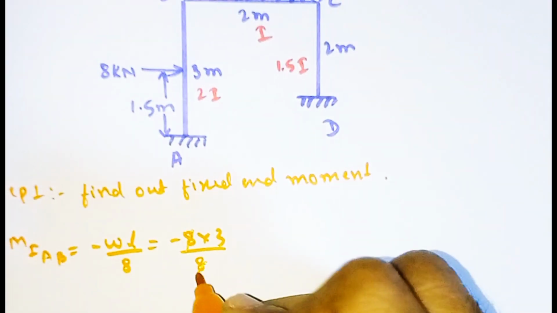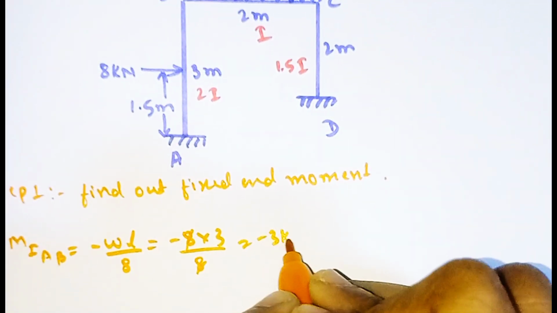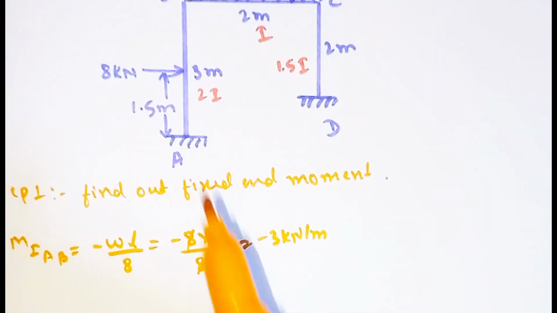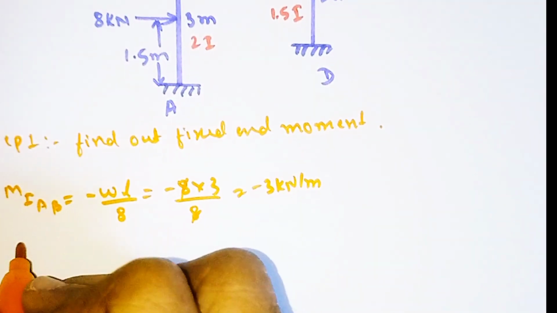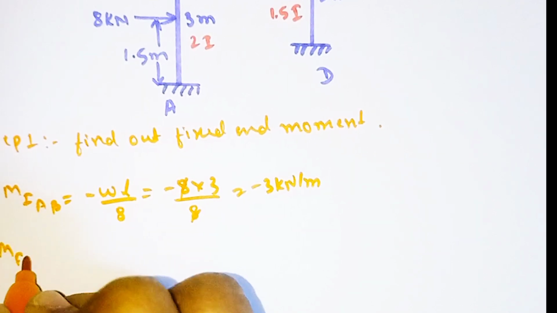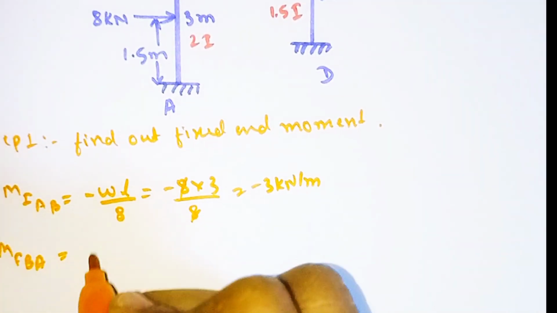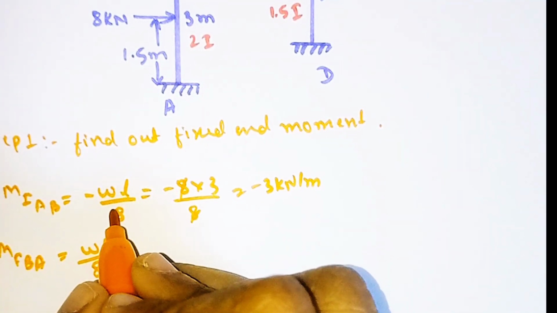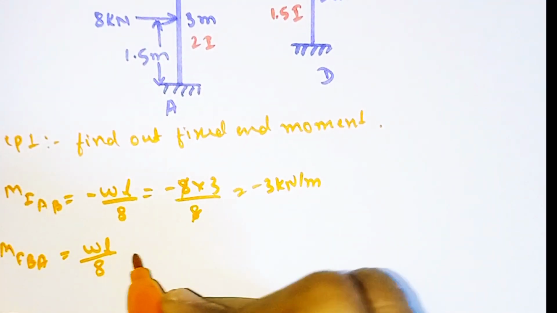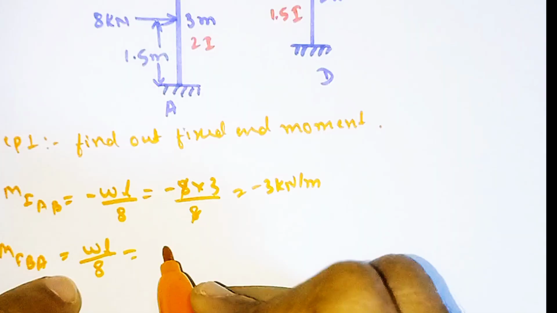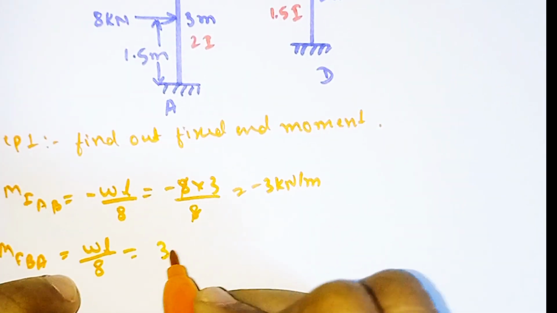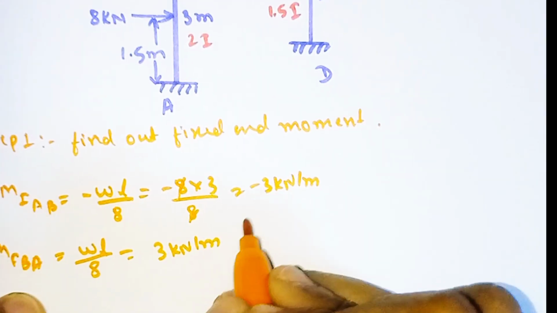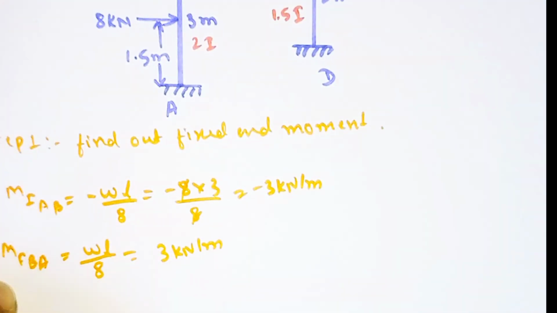Simplifying, it comes out as minus 3 kN-m. Similarly for span BA, the formula is the same, only the sign changes, because it acts anticlockwise, so here it is clockwise. So MFBA comes out as positive 3 kN-m. The answer is the same, only the sign changes.